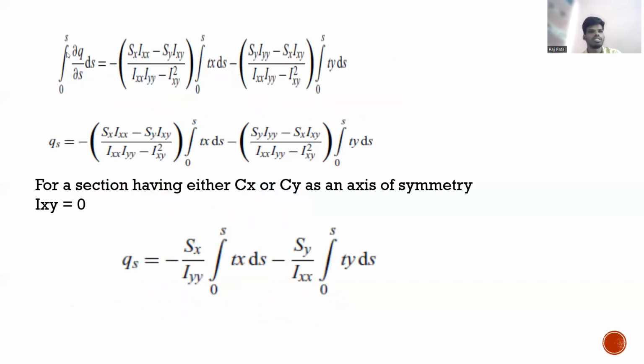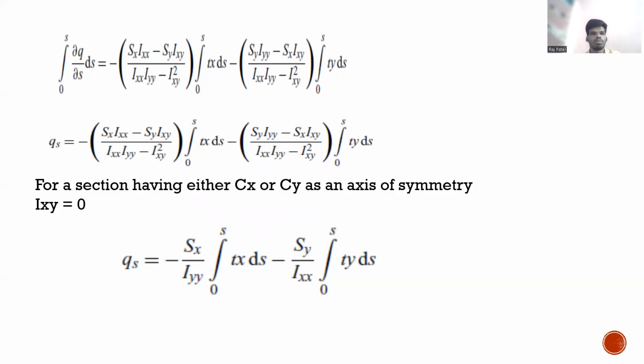And this dq by dou s is integrated to get the shear flow. The equation becomes integrating from 0 to s, dq by ds into ds, which equals minus, because the shear flow is negative in that direction. So by taking common, Sx into Ixx minus Sy into Ixy divided by Ixx into Iyy minus I square xy, into integral of t x dx, and integrating for y the same way, it becomes 0 to s of t y ds.